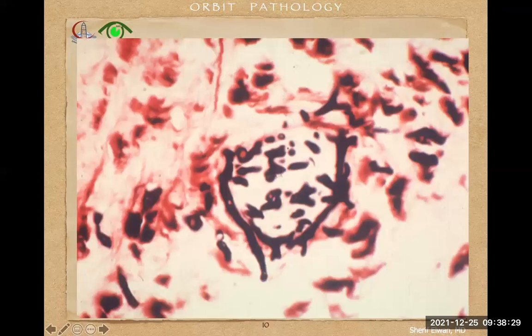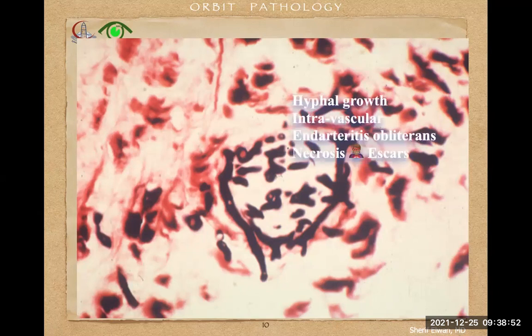And microscopically speaking, the arteries, this is an arteriole, are occluded by hyphal growth of the fungi, and this is the black thing causing the endarteritis obliterans that ends in necrosis, as we said in the macroscopic picture. So hyphal growth, intravascular endarteritis obliterans, necrosis, and formation of eschars.